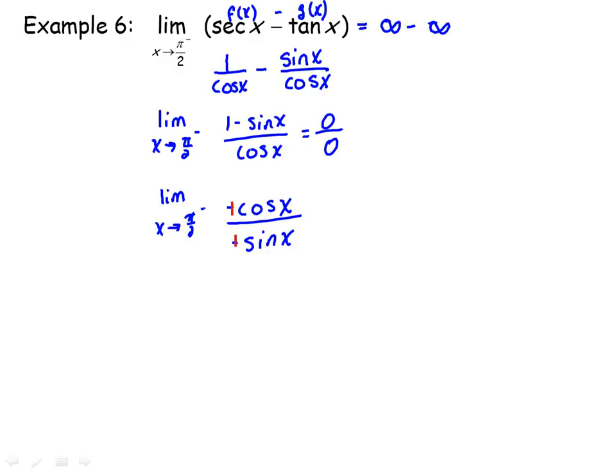Now, let's apply the limit again. Cosine of 90 degrees is going to be 0. Sine of 90 degrees is going to be 1. So what's your answer? The answer for this one is going to be 0.